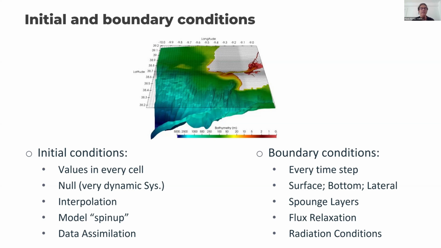Sometimes it's zero. For example, in a very dynamic system, like an estuary, the velocities can start with zero. And then we run 2 days of tide flow for the model to adjust. And we know that during those first 2 days, the results are not okay. It's just a spin-up of the model for the values to adjust. We can do that in an estuary.